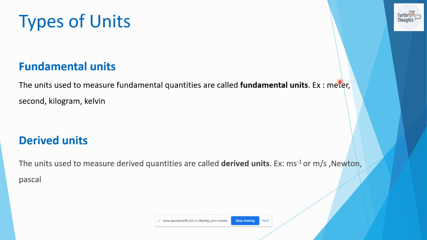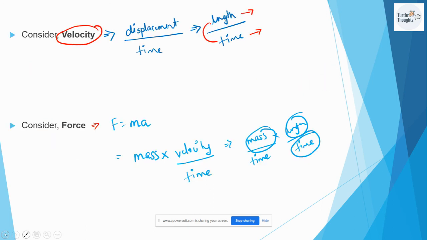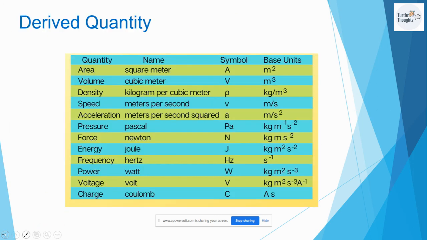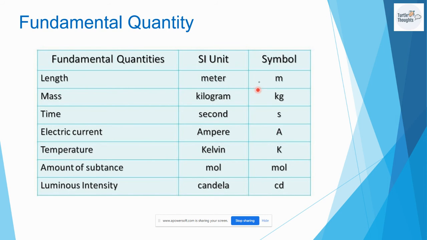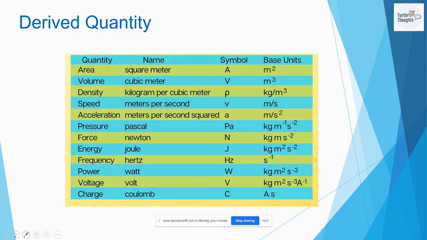What are the examples? Meter, second, kilogram, Kelvin. Basically everything given in this particular table. For the fundamental quantities, all these units are going to be your fundamental units: meter, kilogram, second, ampere, Kelvin, mole, and candela. Again, you have only seven fundamental units.